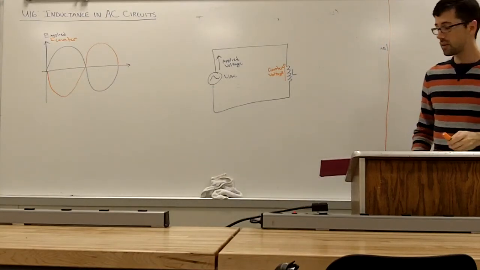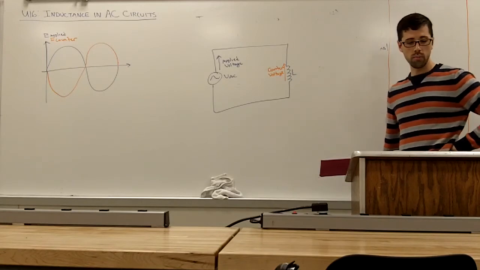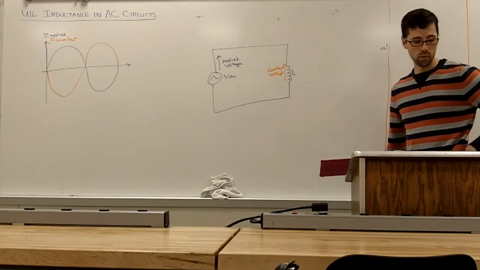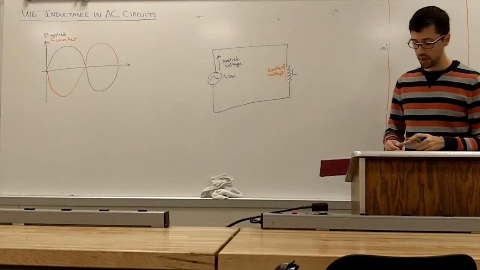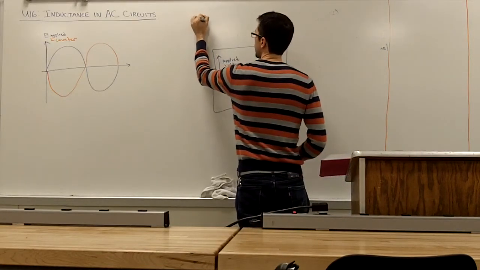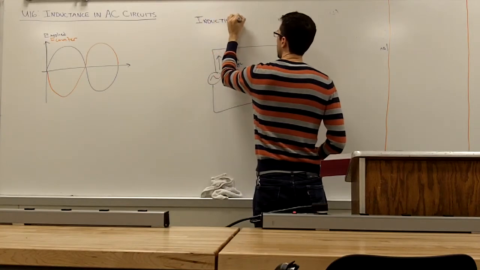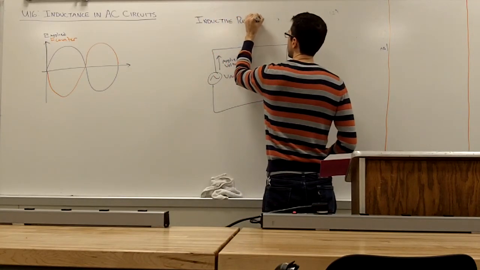And so whenever we have something opposing our applied voltage or applied current, we're going to give that something units of ohms. And so this leads to an important circuit value called inductive reactance.